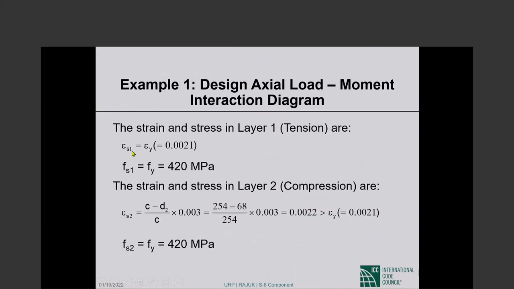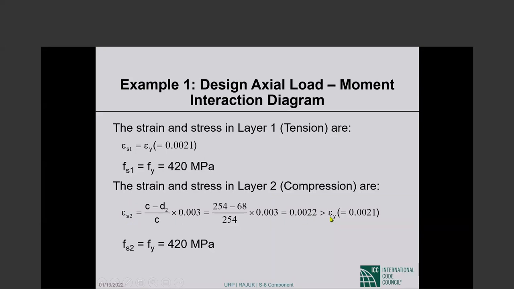The strain in the tension steel is given as the yield strain 0.0021. So the tension steel is yielding, and the stress in that is 420 MPa. The strain and stress in layer 2, the upper layer of steel, the compression strain by straight line strain distribution is 0.0022.